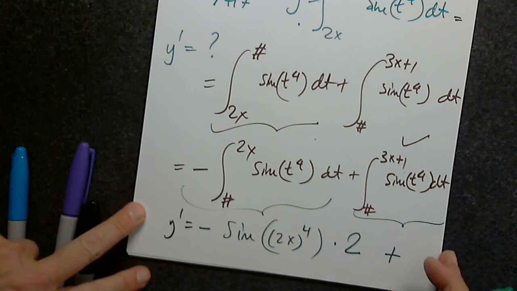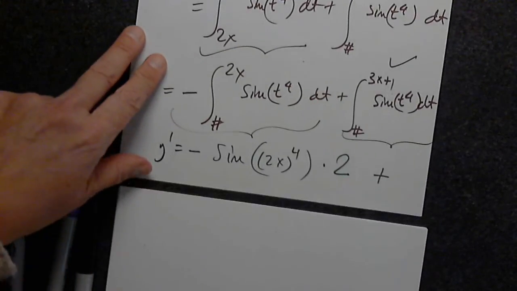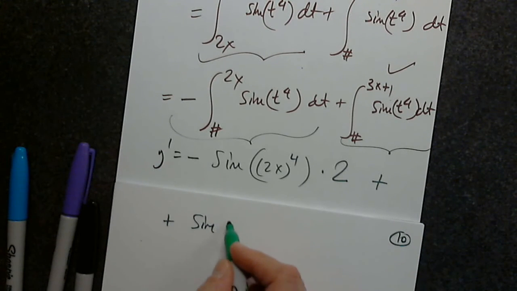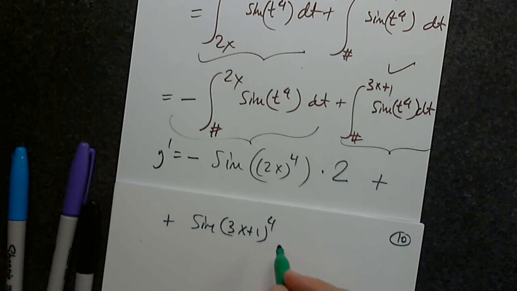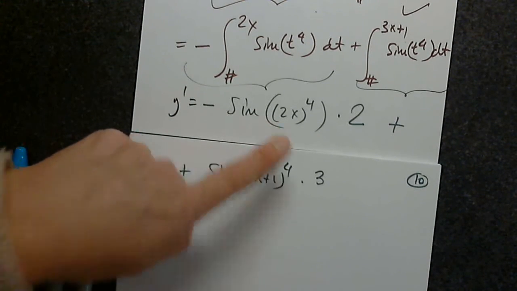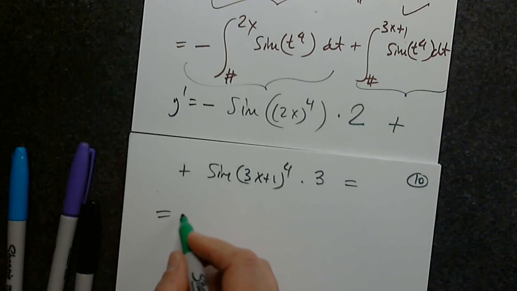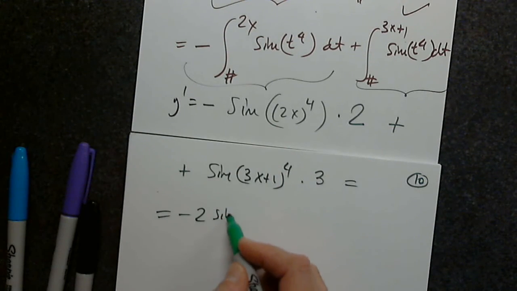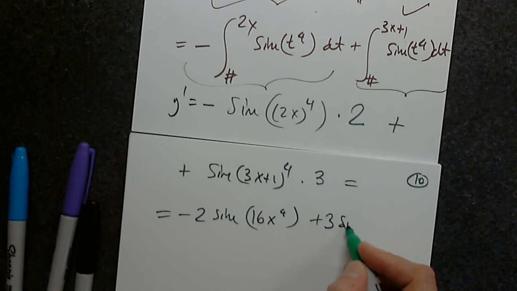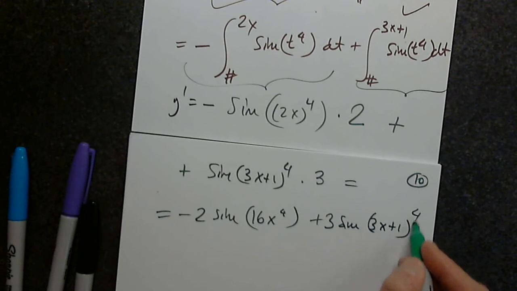And now plus. We differentiate the second integral. The integral and dt disappear. And we get plus sine 3x plus 1 to the 4th times the inner function prime, which is 3. Of course, I will not expand this, but I can take this to the 4th power, in other words, and I will write a negative 2, put the 2 in front, sine of 16x to the fourth. And then plus 3 sine 3x plus 1 to the fourth.